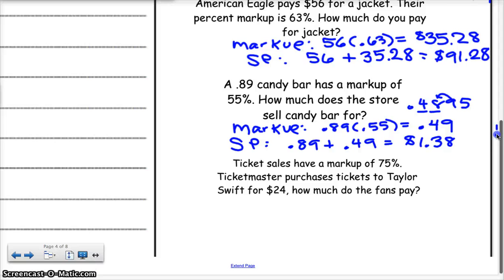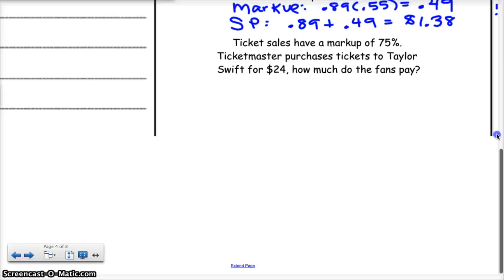All right, tickets to Taylor Swift have a markup. Ticket sales have a markup of 75%. Ticketmaster purchases tickets for $24. How much are the fans going to pay for it? Okay, so we need to figure out our markup, which is 24 times 0.75, which is $18.